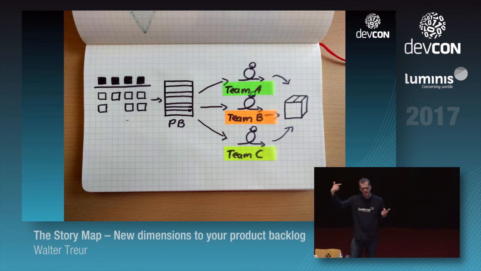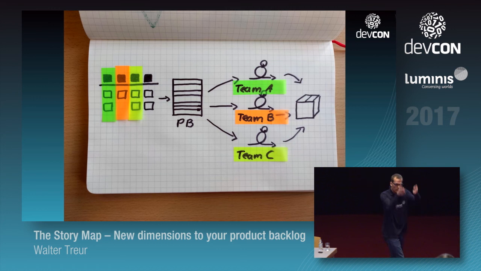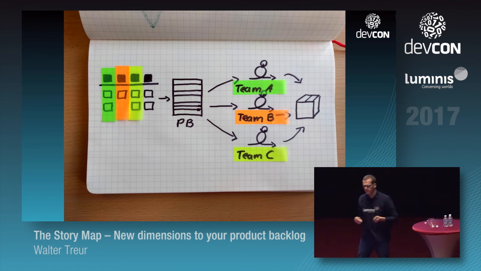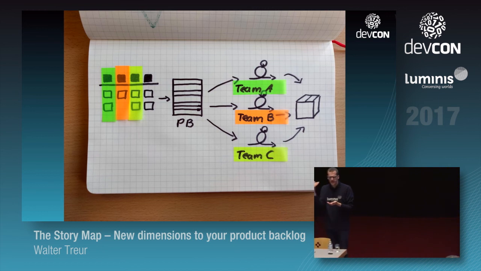So team A, team B, team C are all responsible for a certain feature set of your application. And I think you can see where I'm going with this, because you can just say, pick one slot, give that to a particular team, give the other slot, give that to another team, and you can limit your dependencies between teams, because it's basically a mini product backlog we have here for that particular team.